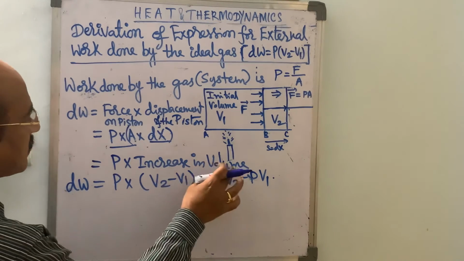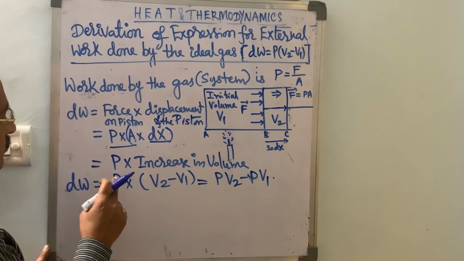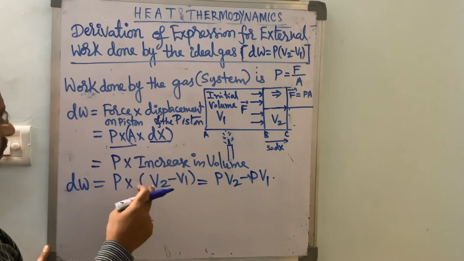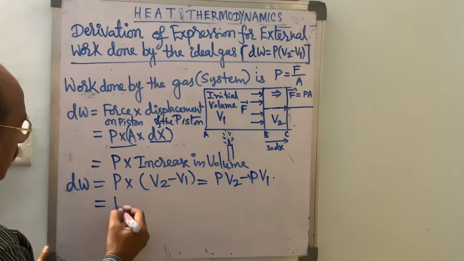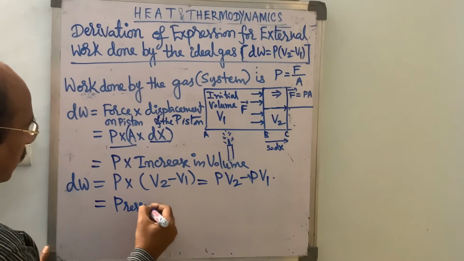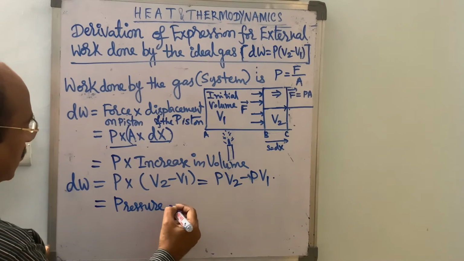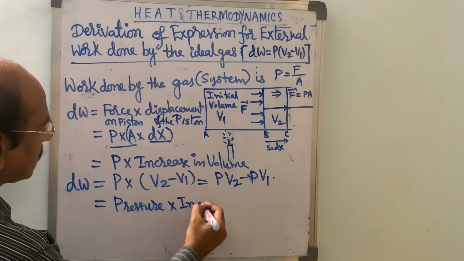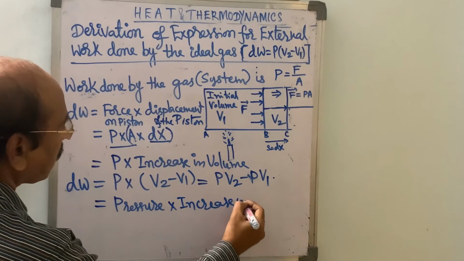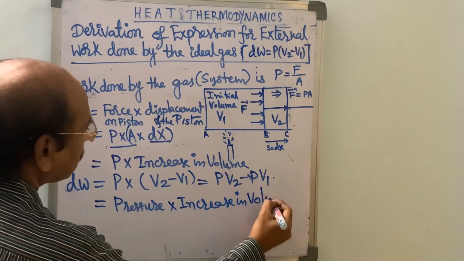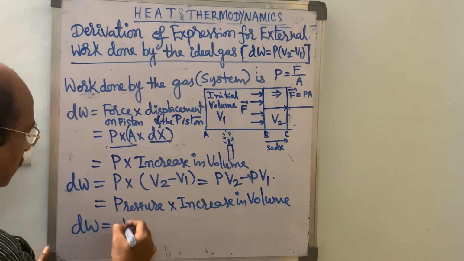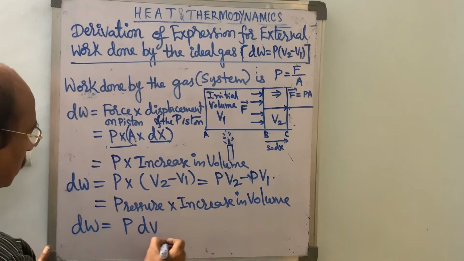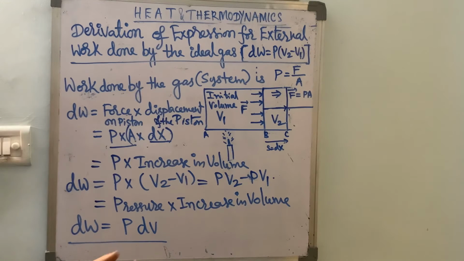That indicates increase in volume of the gas. Therefore, work done by the gas is equal to pressure into increase in volume. Sometimes it is written as dW is equal to P into dV, so increase in volume is represented by dV.